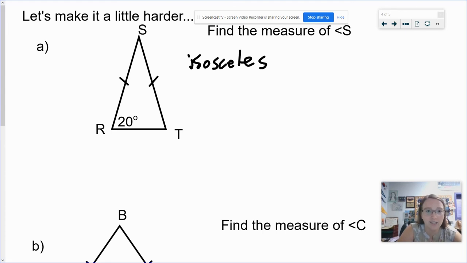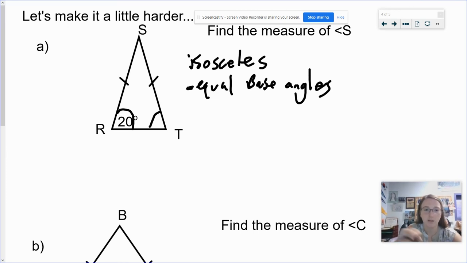When we have an isosceles triangle, we have what are called the base angles here. Those are going to be equal as well. We call these base angles. If I have my two sides like this, the two angles at the bottom of those congruent sides are going to be equal.